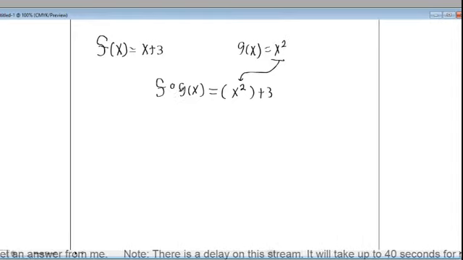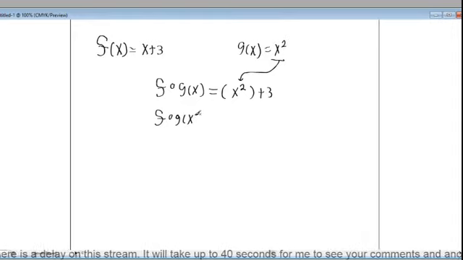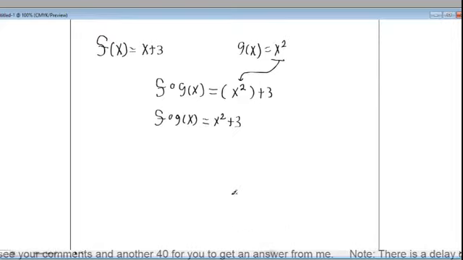So now, f composed of g of x equals x squared plus 3. Okay, so nothing too terribly crazy. It's just, again, we're taking f of x and plugging g of x into there.